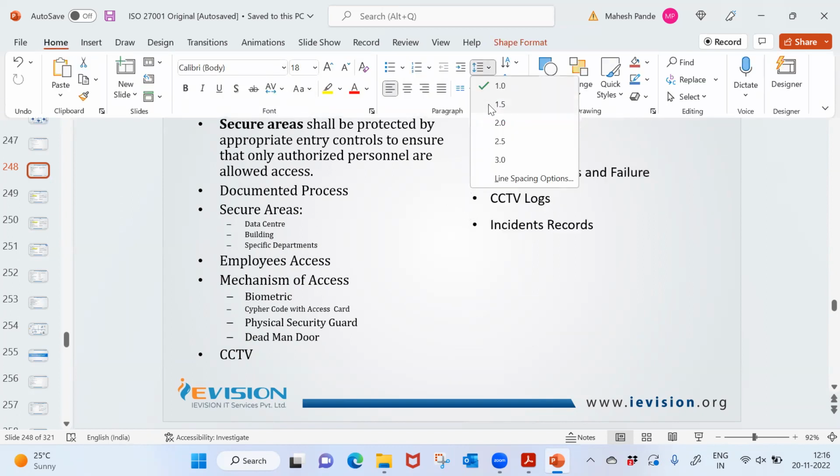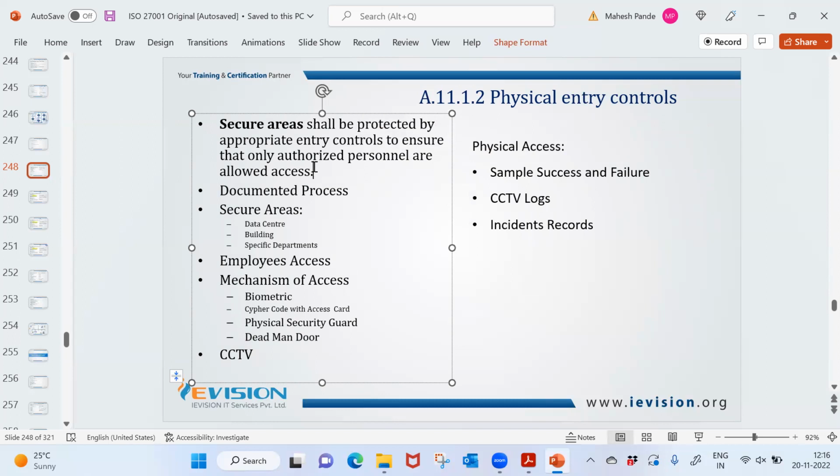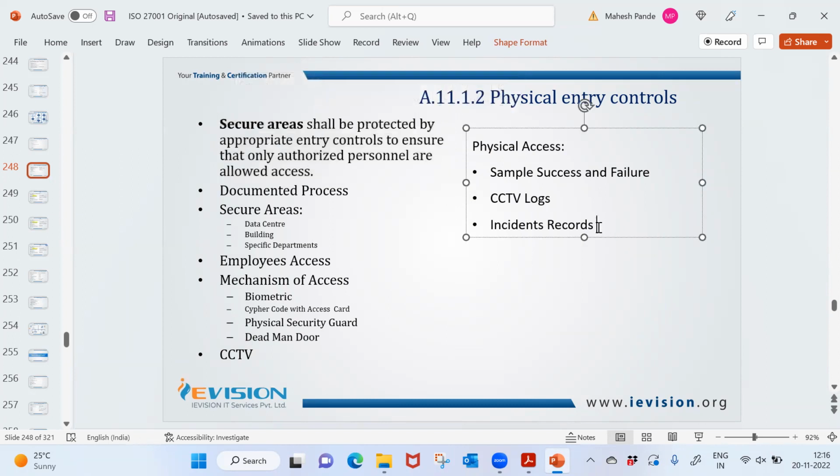Now we have taken a very limited view. I can get into various other modes, for example where the process says you have to have a vendor entry and exit register. Are you making entries in it or not?